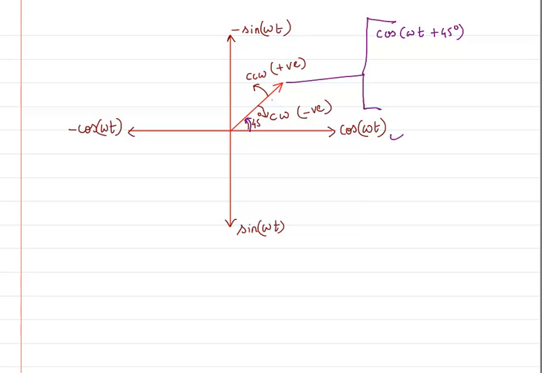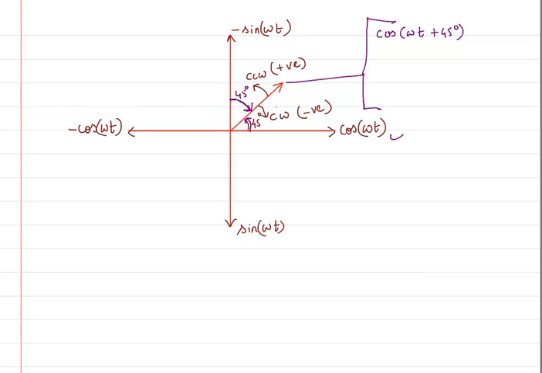Now, with respect to the minus sine, you can see that I have traveled in this direction. How much? Again 45 degrees, because 90 minus 45 is 45. So I have traveled 45 degrees from the minus sine axis, in the clockwise direction, which is the negative angle direction.